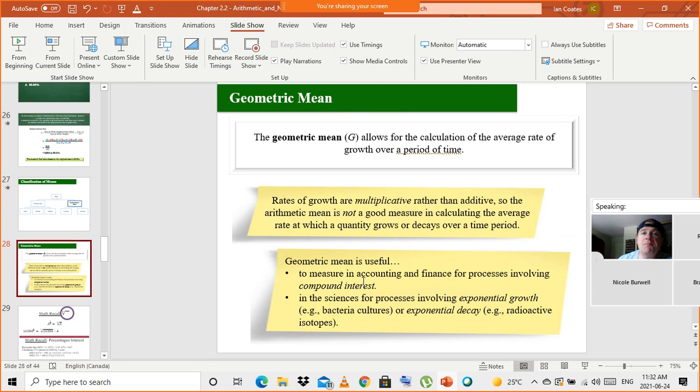The geometric mean allows for the calculation of the average rate of growth for a period of time. Why this is different: have you heard the old riddle, would you rather have $1 million now, or a penny doubled every day for a month? Of course, I'll take the million now.